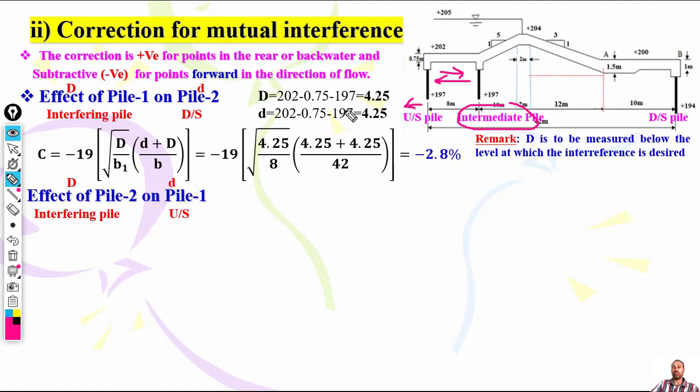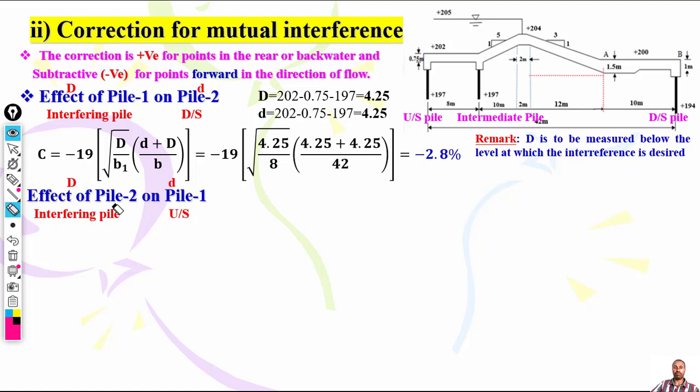We are going backward while the flow is in this direction, so these are points in the rear, or in the backward direction. If you are considering that, it will be positive. So let's see. You give capital D and small d. The interfering pile will be capital D, and small d will be for the pile to be affected.